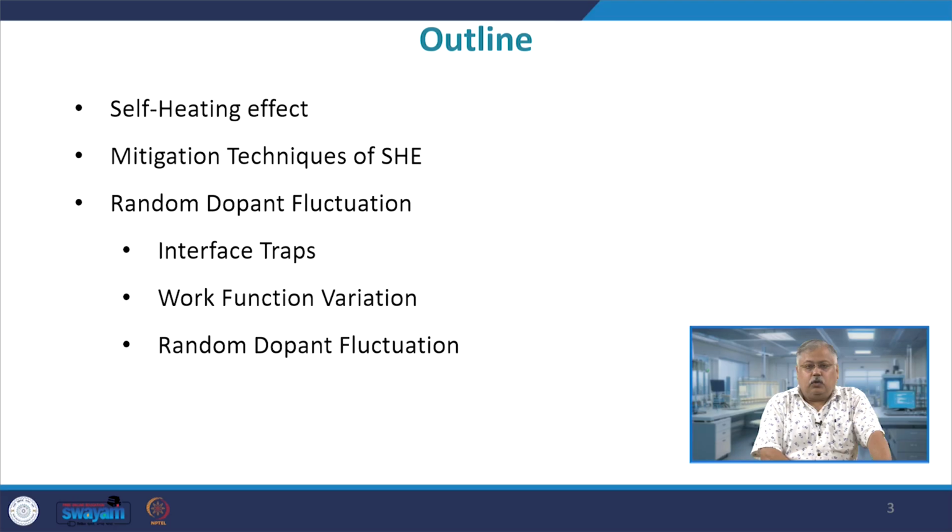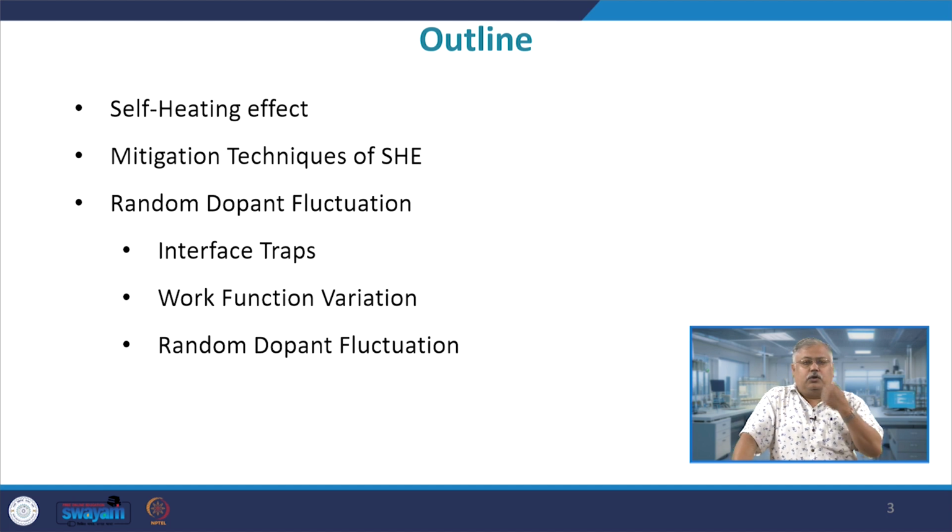Now the outline of the talk will be, because of process variations, what are a few of the degrading factors. That will be the general scheme for this lecture series. One of them is, first of all, of course the self heating effect, and then what are the methodologies available to remove or mitigate the ill effects of self heating effect.